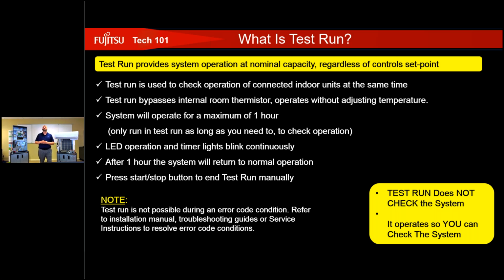You can check the operation in heating, check the operation in cooling, and basically it just bypasses the room thermistor and does either all heating or all cooling, max capacity 100%. The LED in the operation and timer lights will all blink continuously with each other. It's not an error code. It's just how the system lets you know that it is in a test mode.